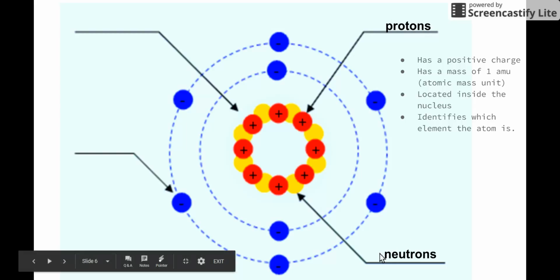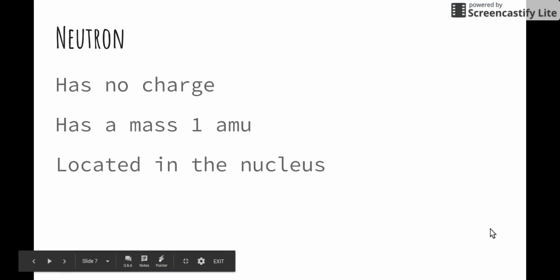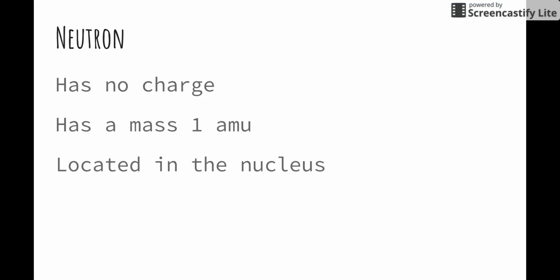So the next particle that we're going to look at is called the neutron. It's also located in the nucleus. I would suggest on your notes, you might want to put your notes over in this section. The neutron, again, is located inside the nucleus. That's actually where all the mass of the atom is located, even though it is teeny tiny in terms of its volume.